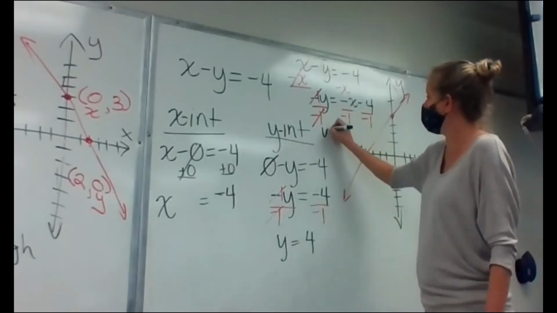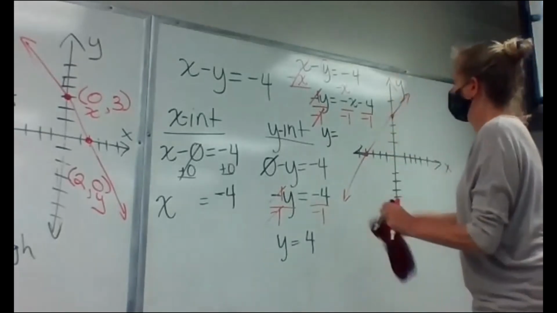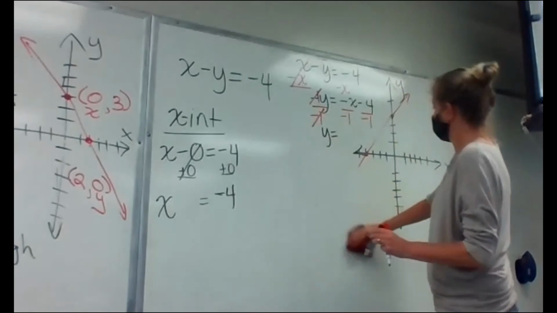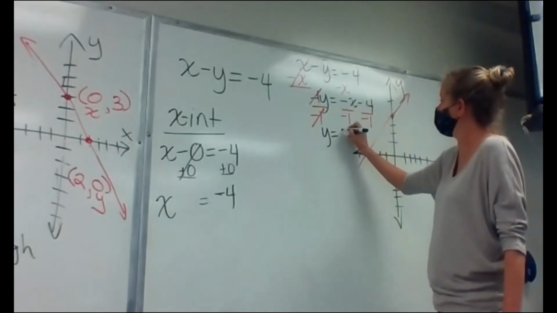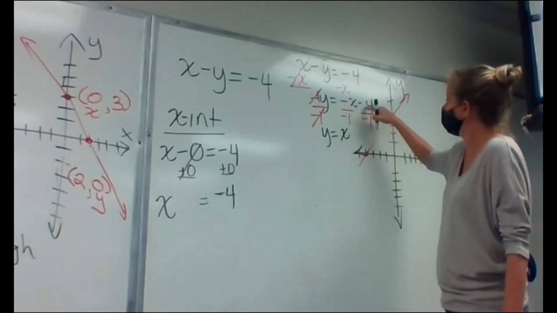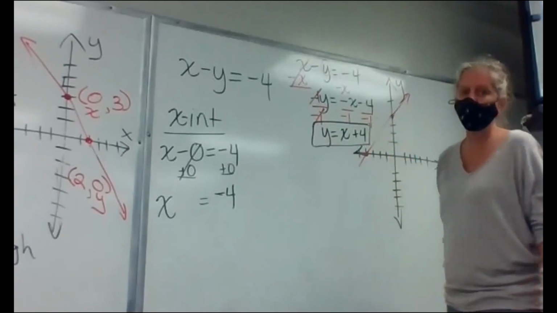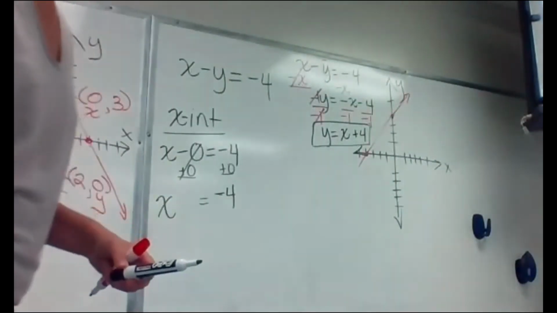So now I have y equals, let's see what happened over here. Negative over a negative turns that to positive x. Negative over a negative turns that to +4. So there's your y equals equation. y equals x plus 4.